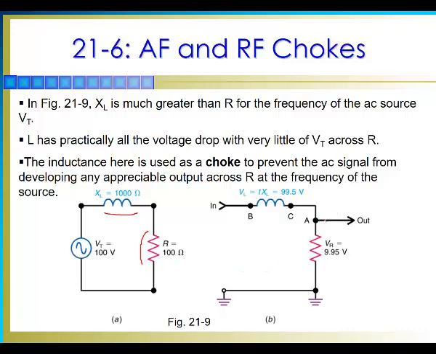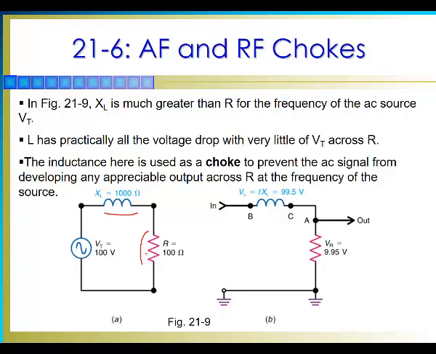The voltage here on A is the voltage that goes out. So L has practically all the voltage drop with very little of VT across R. In this case, we can see that the inductor has 10 times more ohms than the resistor.